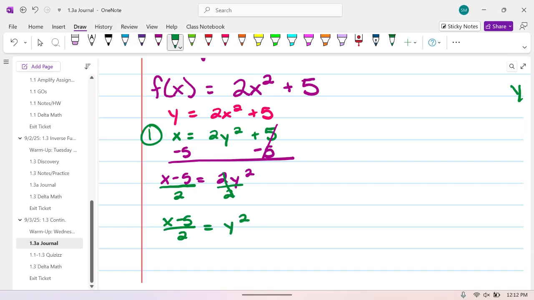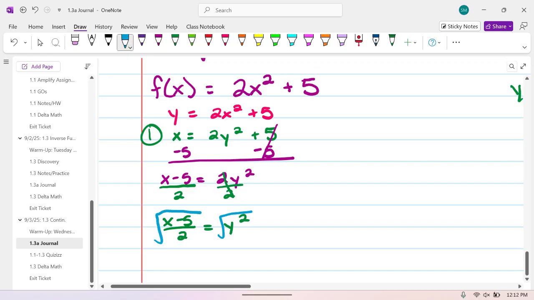Now we are at the part where we can deal with the exponent. And remember, whatever the exponent is, you undo it with that same type of root. So for example, a square root undoes a square, cube root undoes a cube, fourth root undoes a fourth. So I'm going to take the square root of both sides.